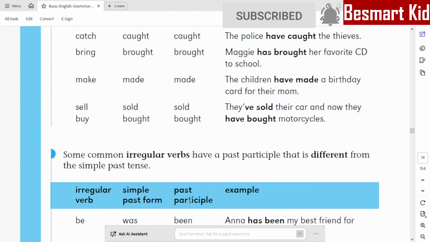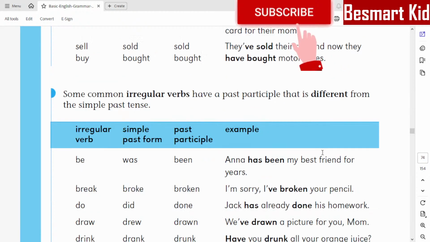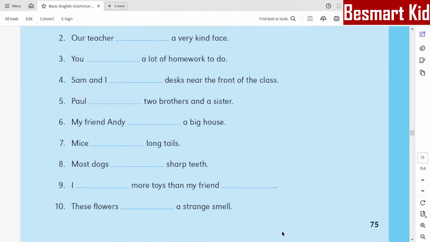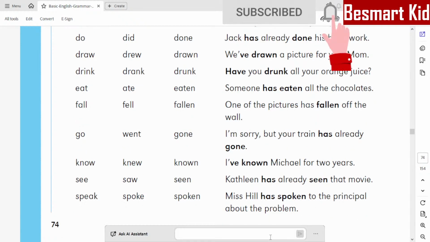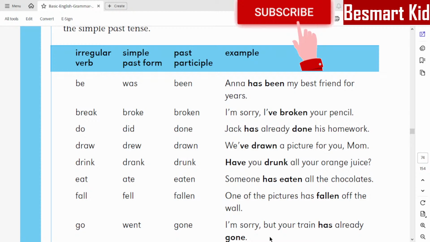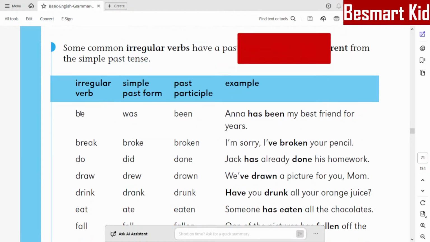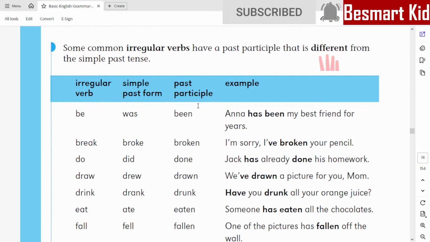Some common irregular verbs have a past participle that is different from the simple past tense. Here we have the irregular verb, past simple and past participle.